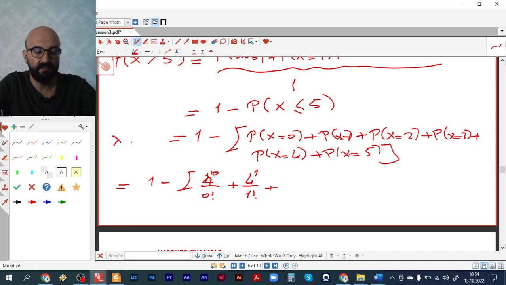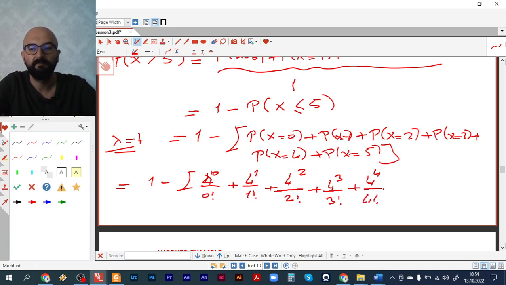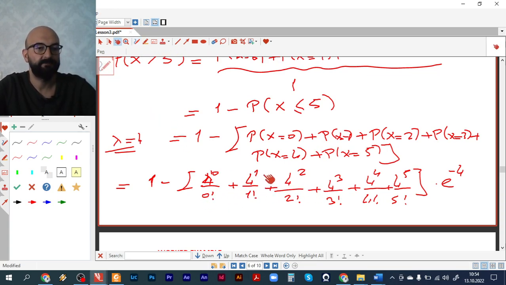Also please remember that lambda equals 4, and 4 to 2 over 2 factorial, 4 to 3 over 3 factorial, 4 to 4 over 4 factorial, 4 to 5 over 5 factorial, multiply e to minus lambda, and the probability of more than 5 equals this section.